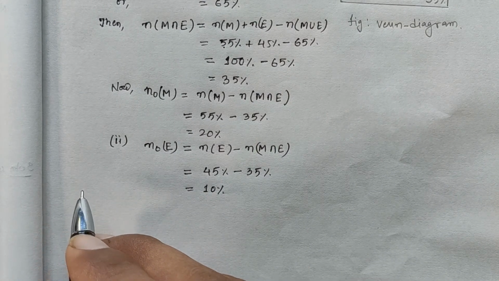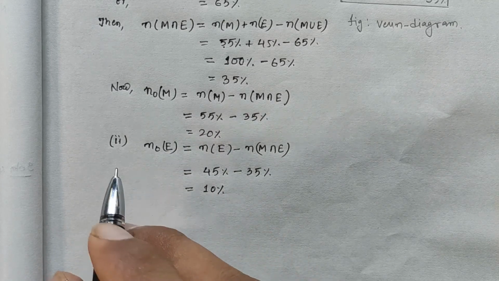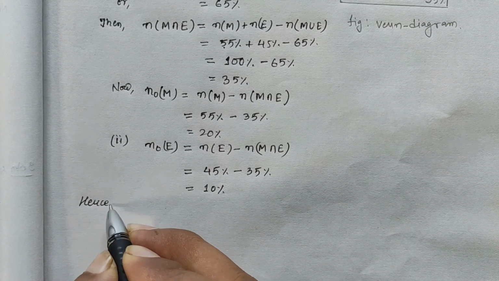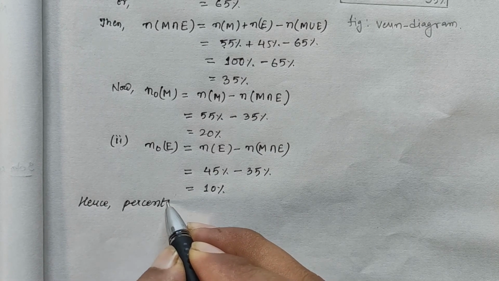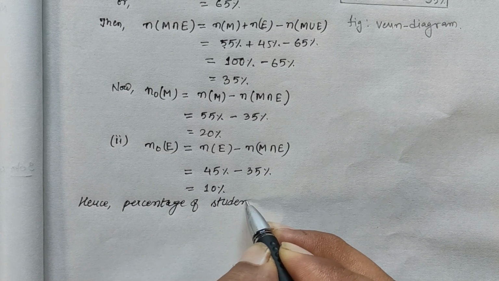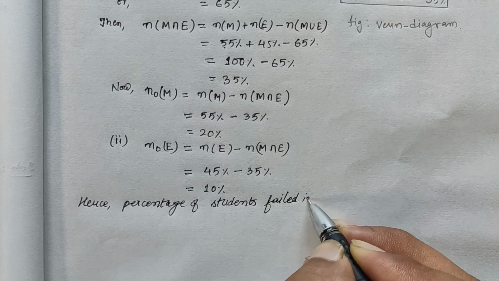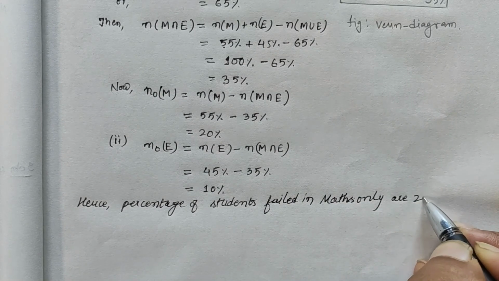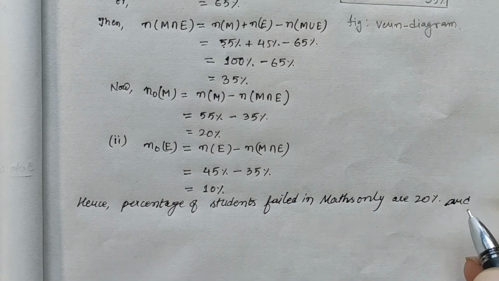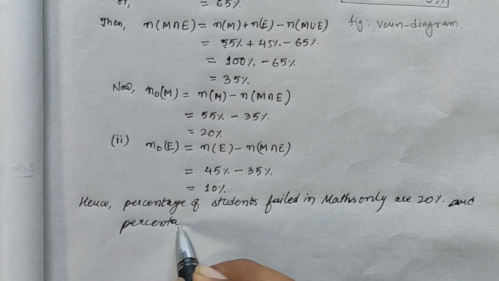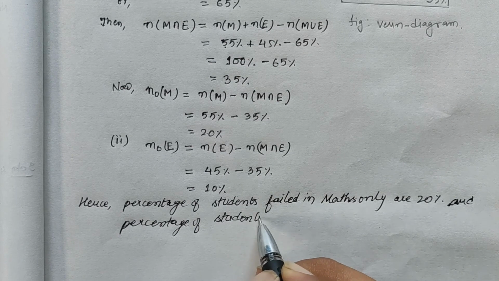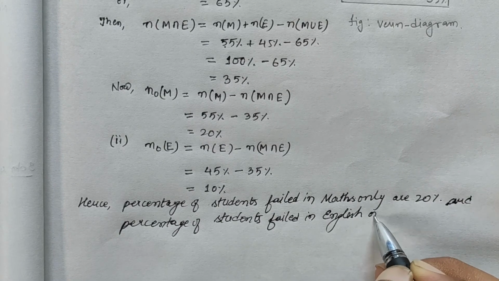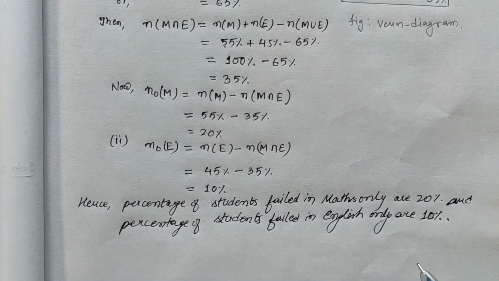You write what you have found, N only M and N only E. So hence, the percentage of students failed in maths only is 20%, and the percentage of students failed in English only is 10%. Always remember to write the conclusion part.